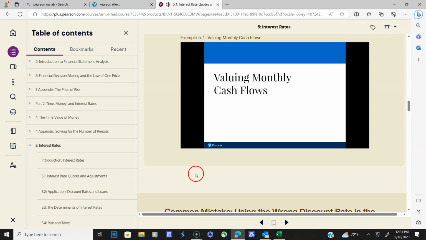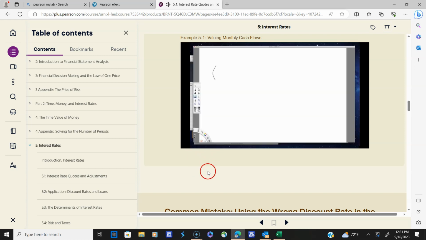So in this example, the bank is paying a monthly interest rate, but has quoted this as an effective annual rate of 6%. What an EAR quote means is if you take the actual interest rate the bank is paying, let's call that R, and you roll the investment over every month in the account, so you do not take your money out, at the end of the year, you will have earned 6% over the year.